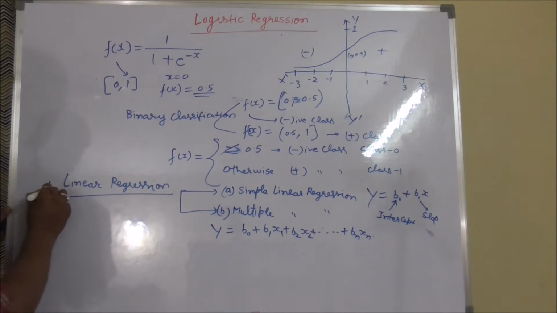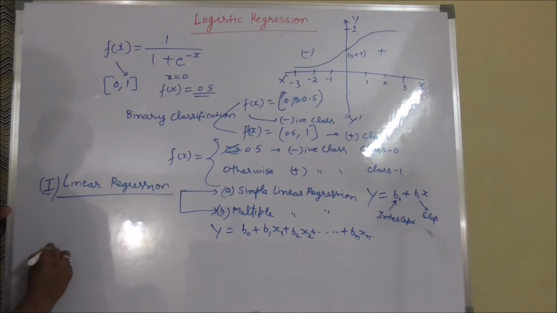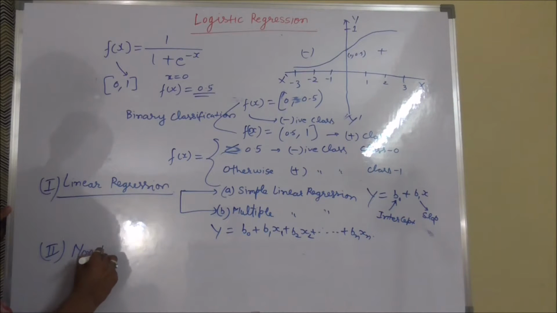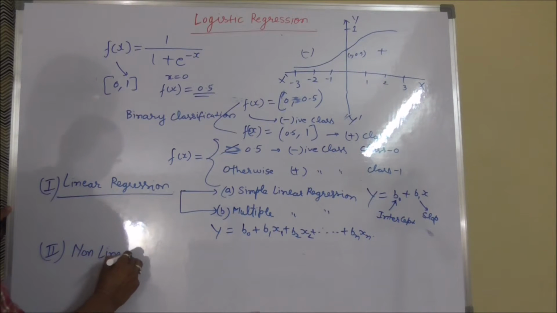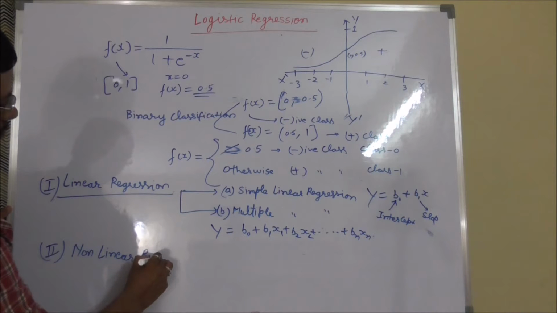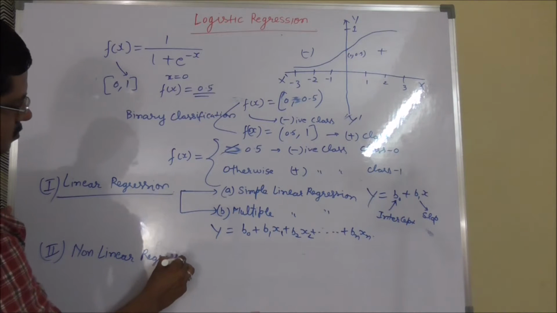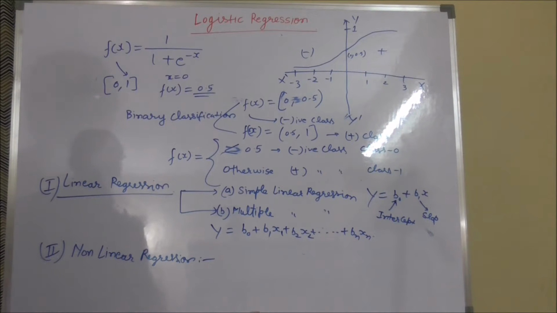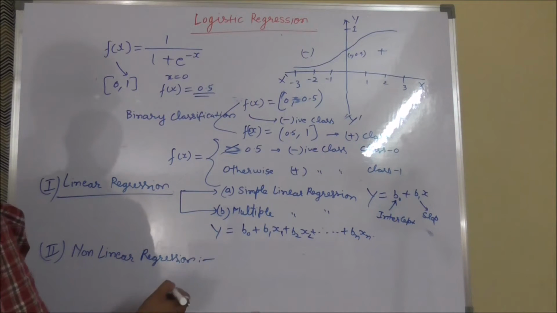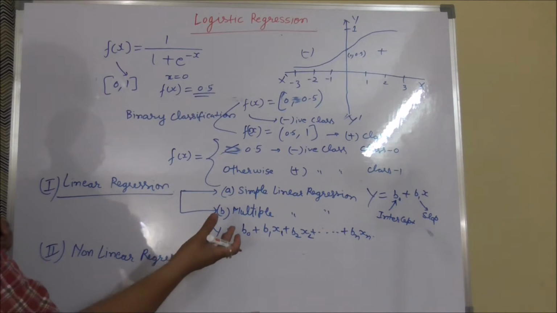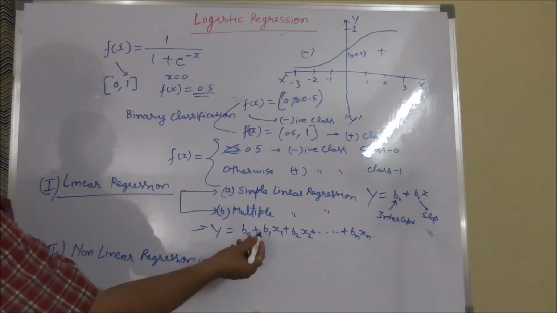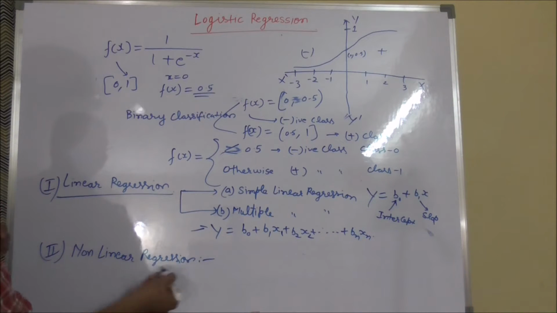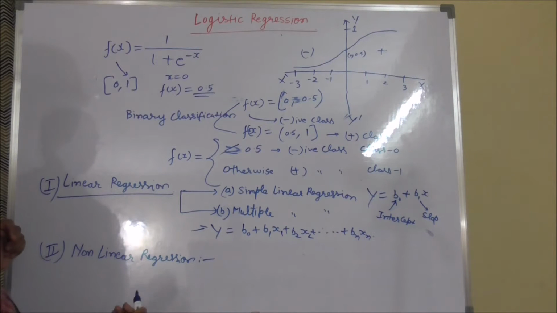Now the next category is non-linear regression. Actually, in the case of non-linear regression, a line equation or such kinds of equations may not fit the data points which come under non-linear regression.